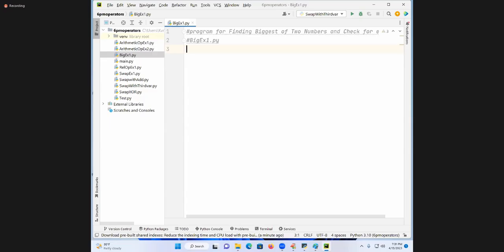Now I'm going to say A is equal to, come on, start. Accept two values. Enter the first value. Next I'll take the second value. Done. Now I need to take B. So I need to go for what? Check the biggest among them.